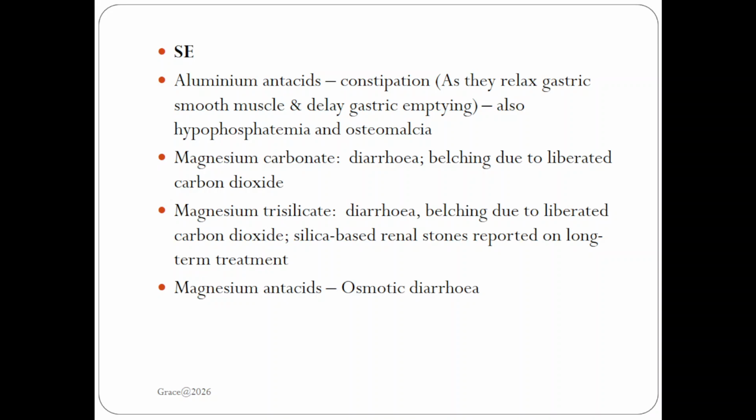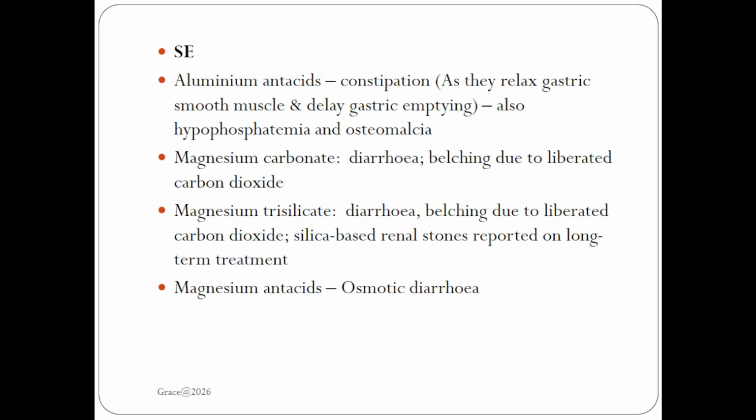What are some of the side effects that we expect when we use these antacids? When we are using aluminum hydroxide, the major side effect that your patient may experience is constipation.